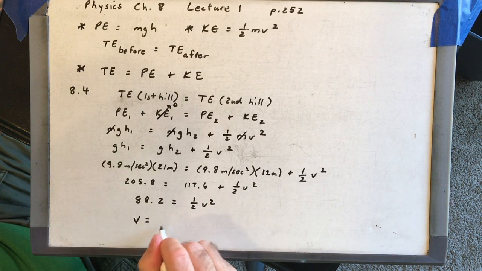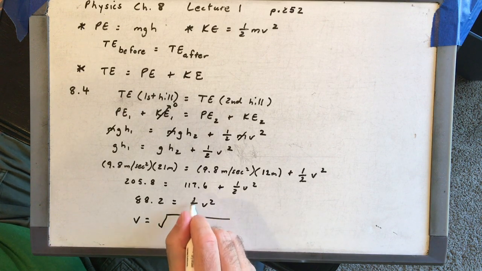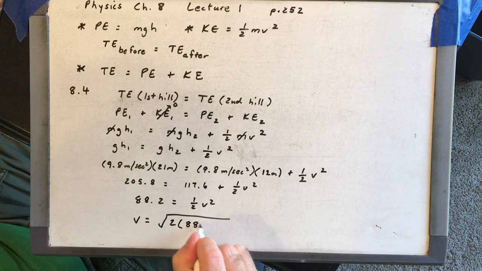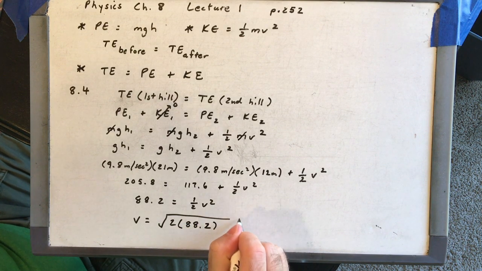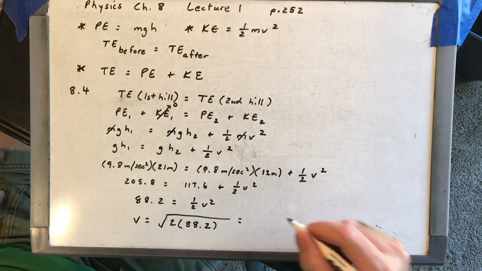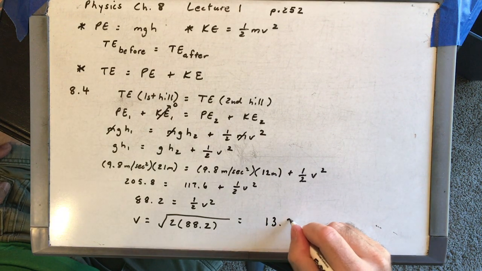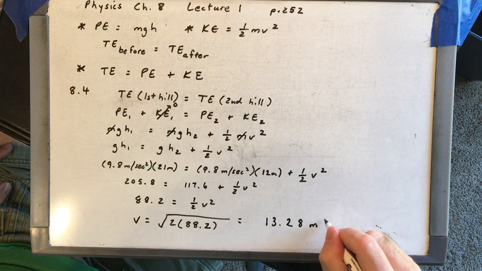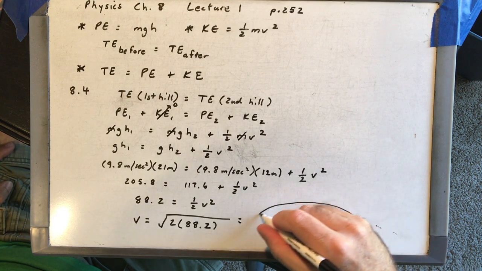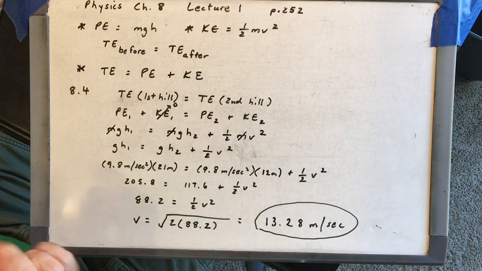So the velocity is going to be the square root, if I flip and multiply that 1/2, of 2 times 88.2. All right, and that is 13.28 meters per second.